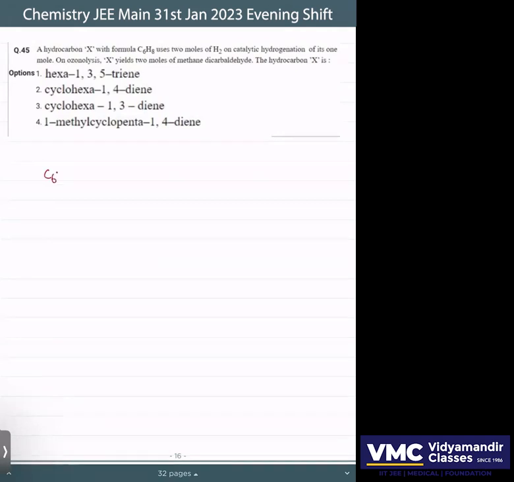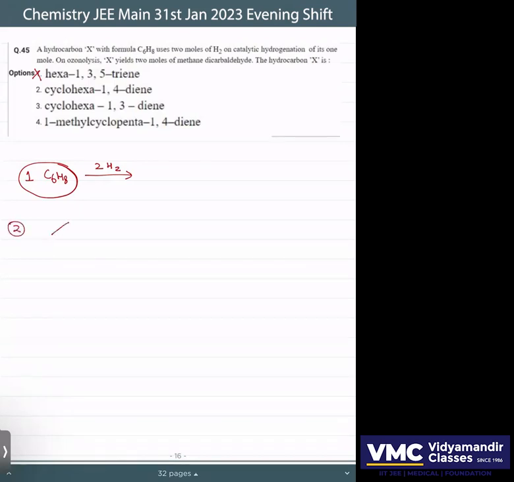See, if this compound C6H8 uses 2 moles of hydrogen with its 1 mole, that means this compound has 2 pi bonds, correct? So option first, it has 3 pi bonds. That means option first cannot be the answer of this question. Then we'll have to see option second, third, and fourth, what will be obtained on ozonolysis of these three.